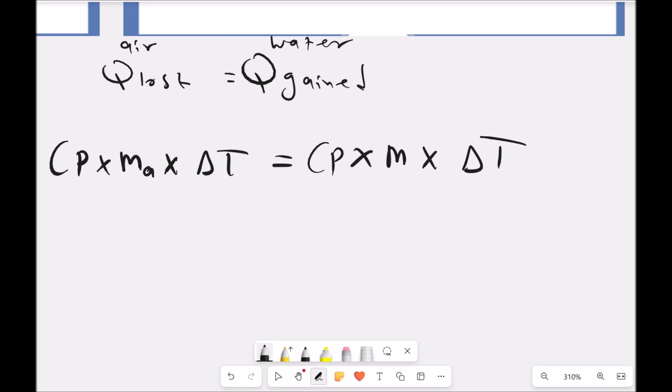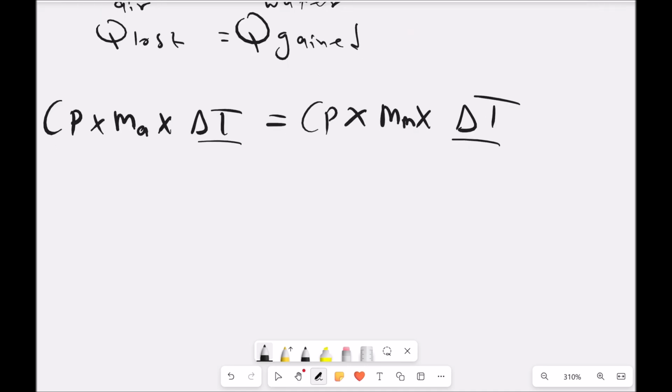I can just say this is MA, this is MW, so that we don't confuse them. Here, as we said, delta T is going to be 1 Celsius, and for this one is also going to be 1 Celsius. Because the question doesn't say final or initial, so it's going to be the change in the temperature of the air and the water.